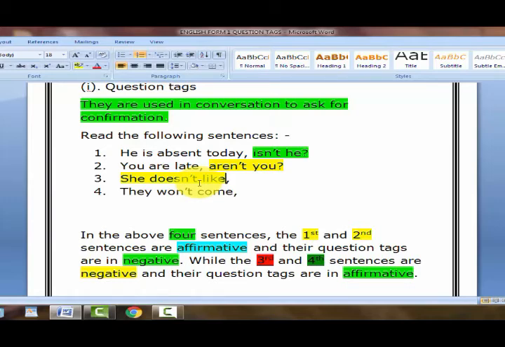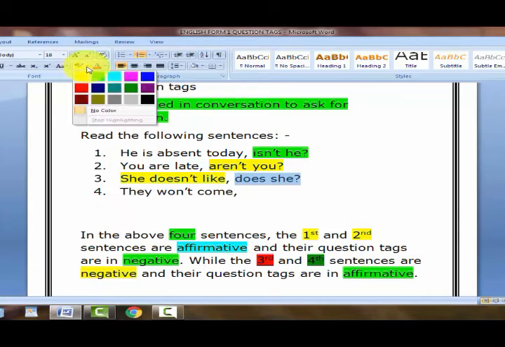She doesn't like, so you say she likes. You remove doesn't. You put an s there to show that it's singular, because this verb is singular. So when you are answering, because this one is negative, you answer in a positive. You just have the word does, you put she. That's all.